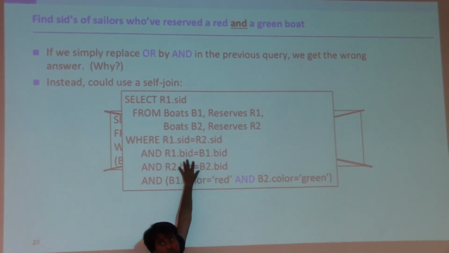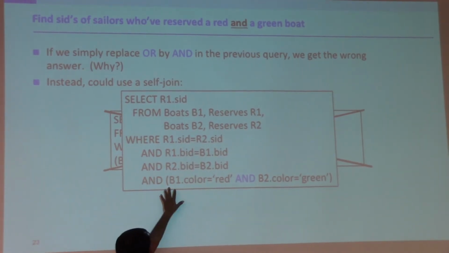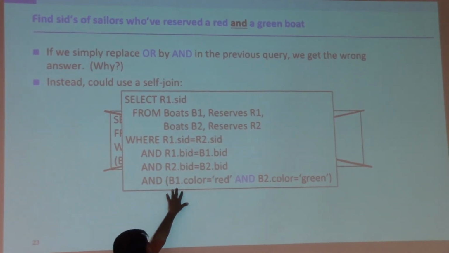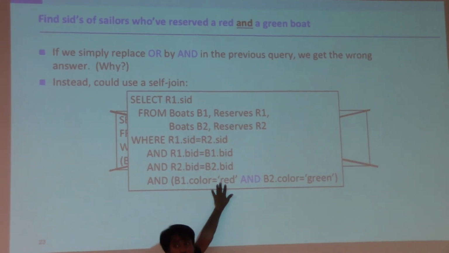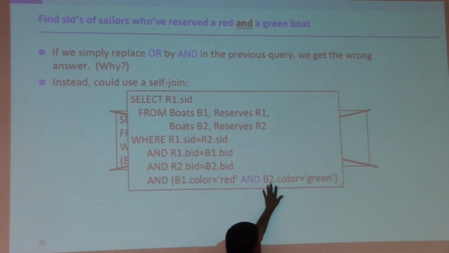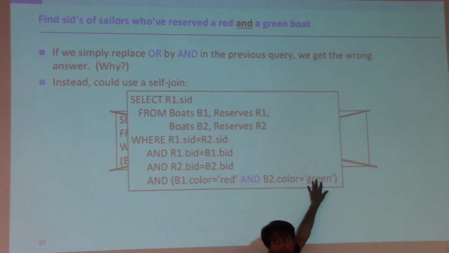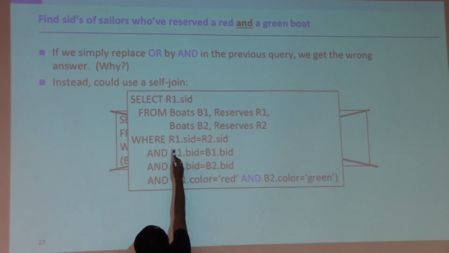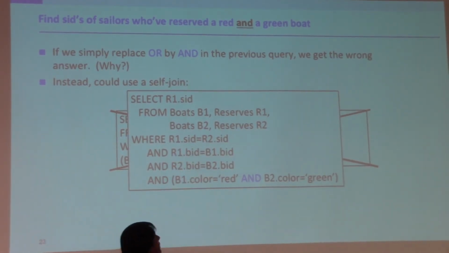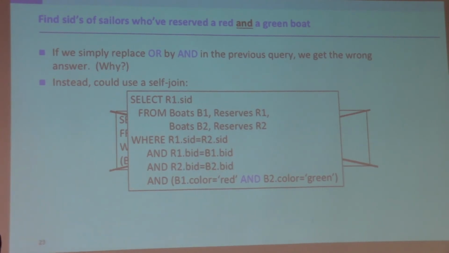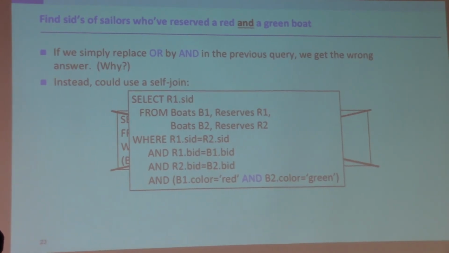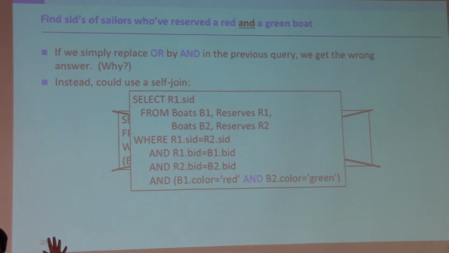This part is just used for joining those two copies, right? Then from B1, I just selected the red ones, and from B2, I just selected the green ones. Then I match them, that R1.SID is equal to R2.SID.